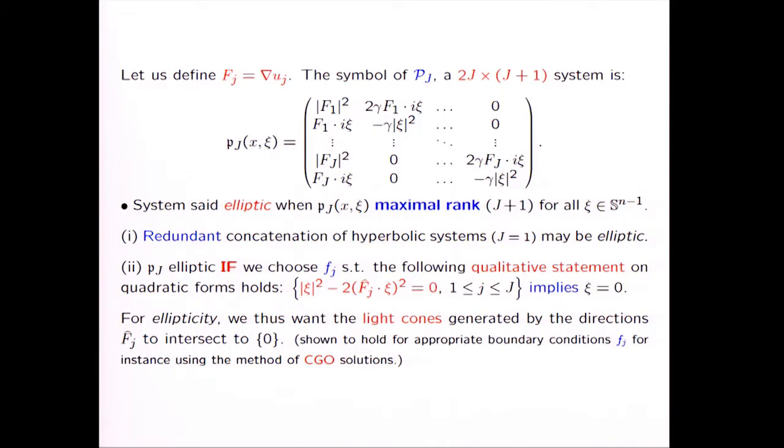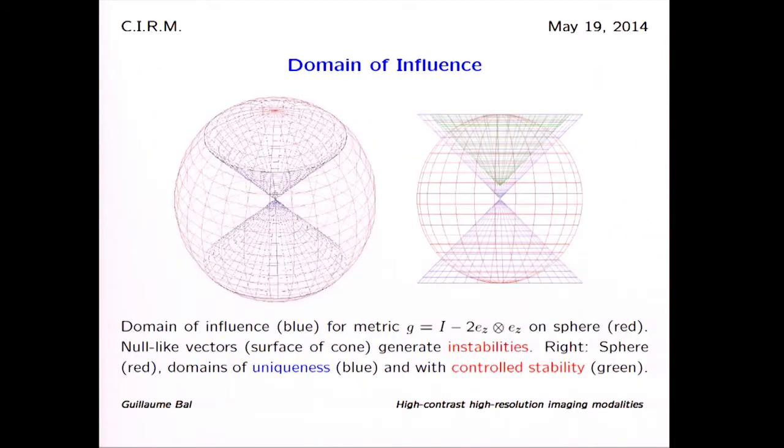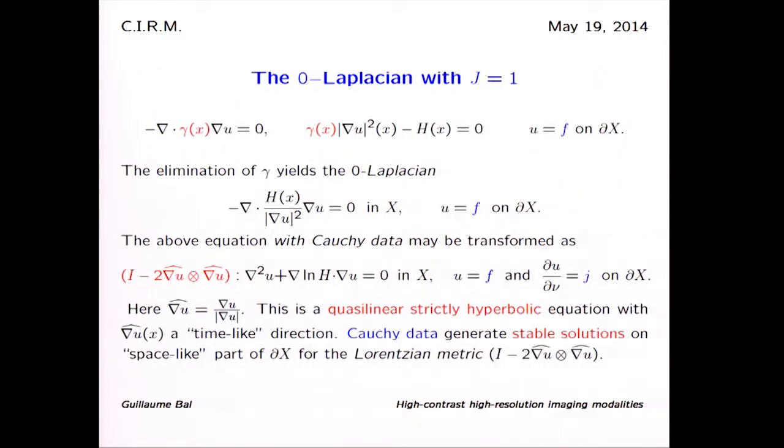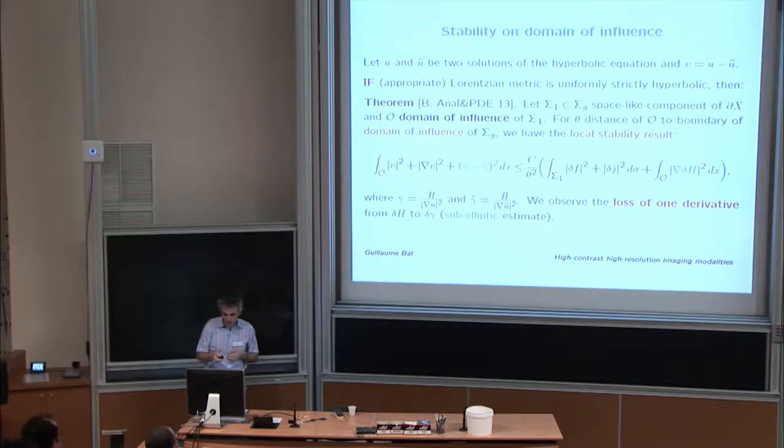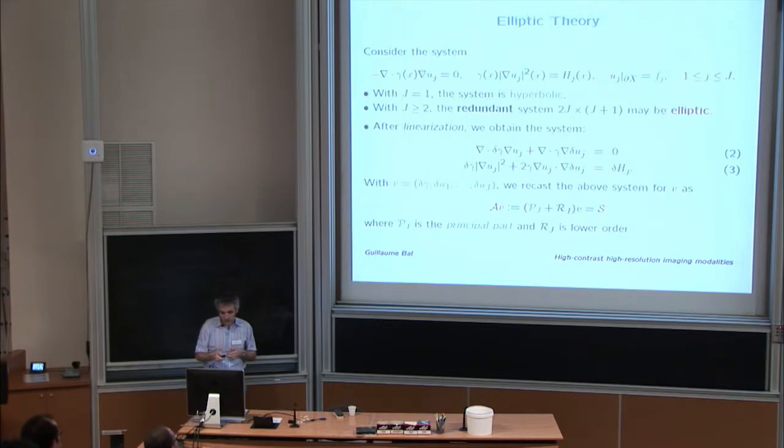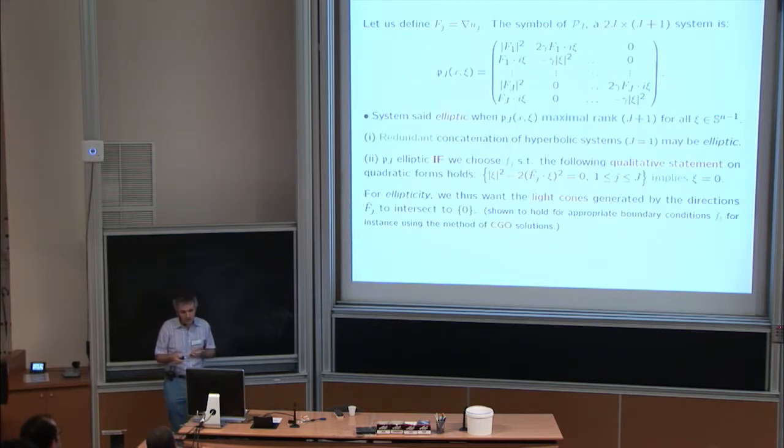So let me go through what this type of theory gives us. The symbol is relatively complicated, but it turns out that geometrically, you remember that each measurement corresponds to a hyperbolic equation. Each measurement gives us a new hyperbolic equation. Now, if we look at the concatenation of several hyperbolic equations, it might become elliptic.